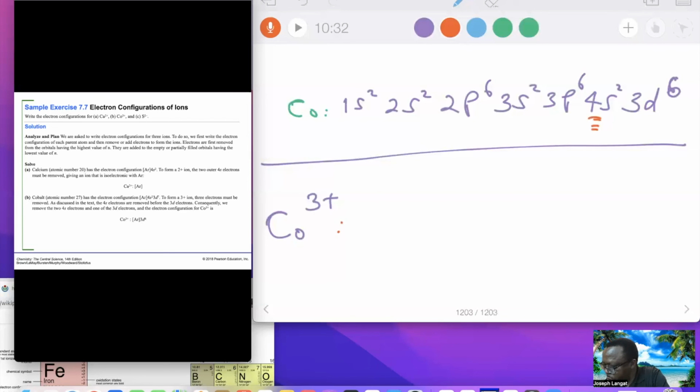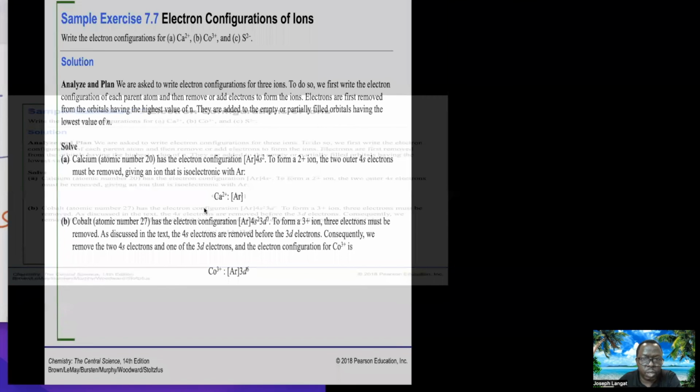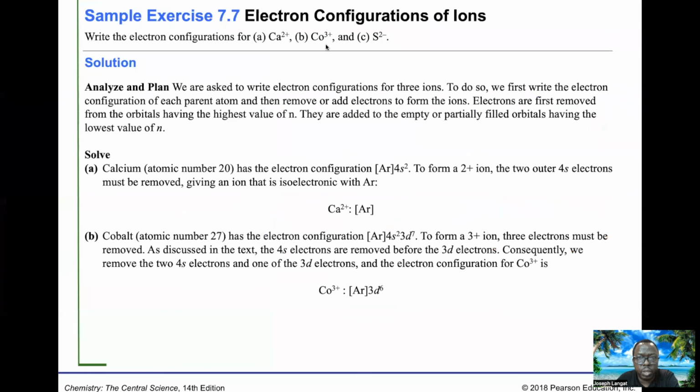So this will be 1s2, 2s2, 2p6, 3s2, 3p6, and then this should be 3d5. If we are removing, this should have been cobalt 3+ ions.